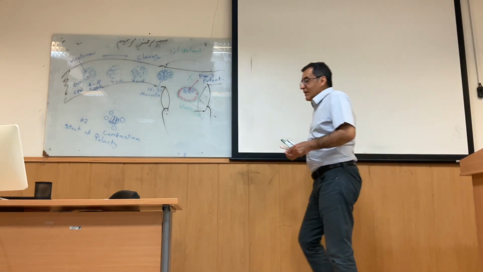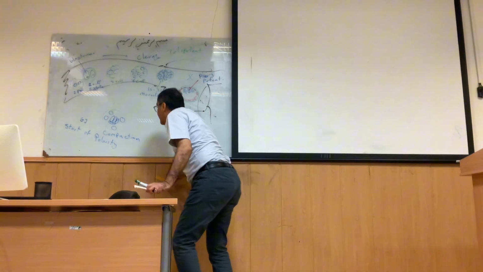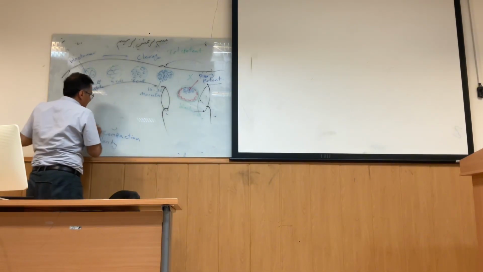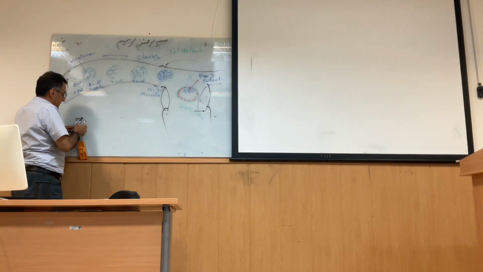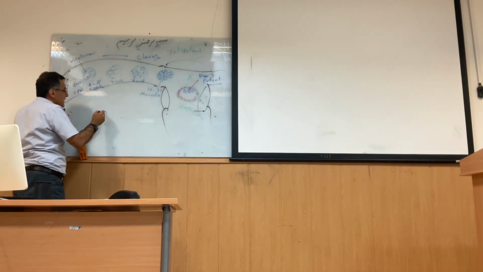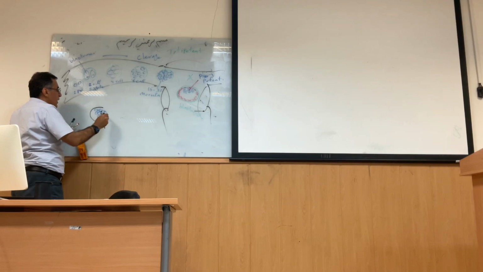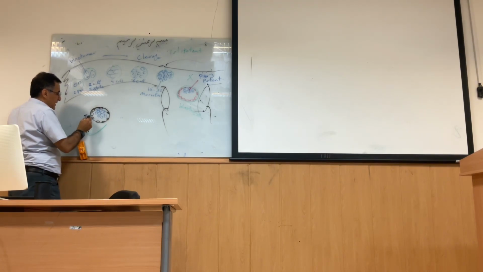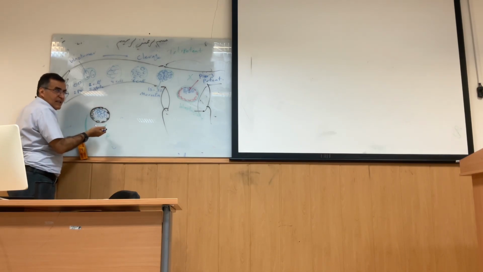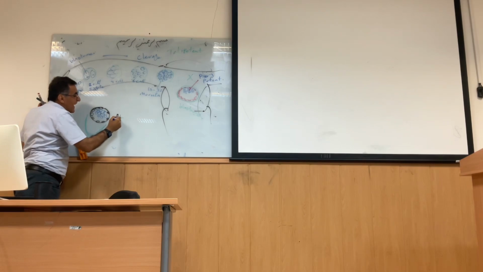When it ruptures, it has interesting features. Look at me. This is the inner cell mass. This is the outer cell mass. This is the ZP, and this view we call hatching.